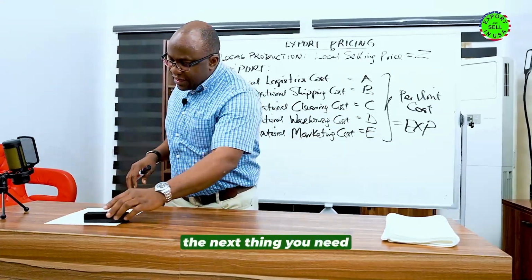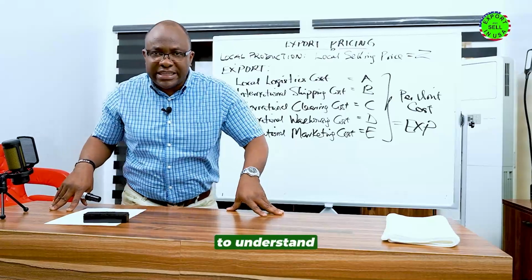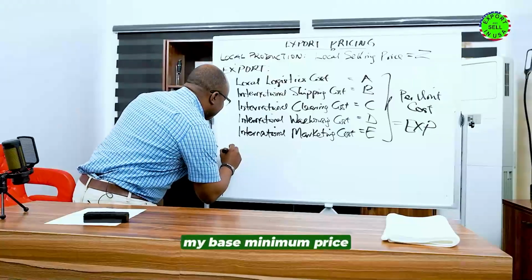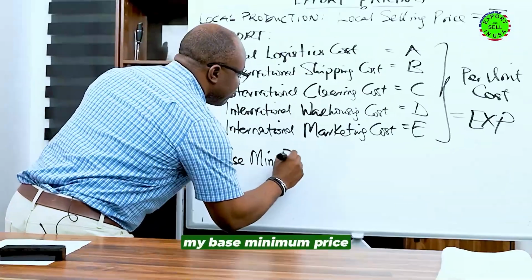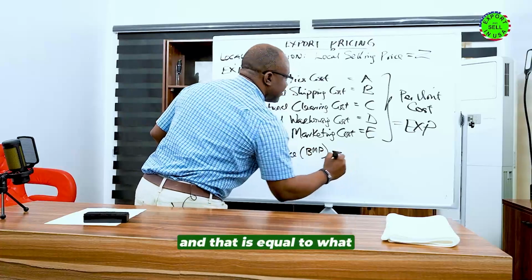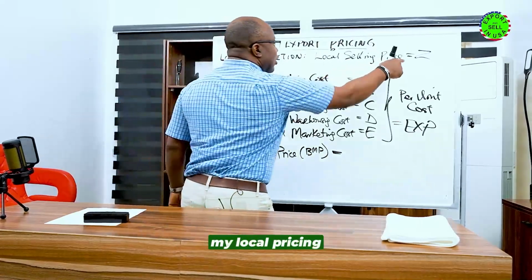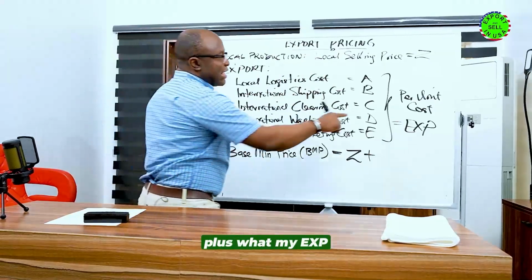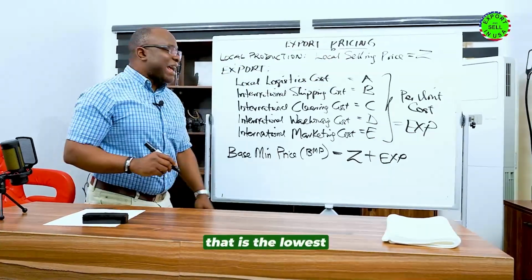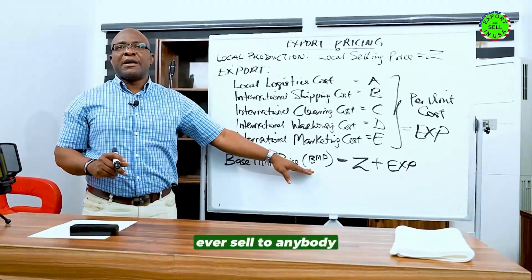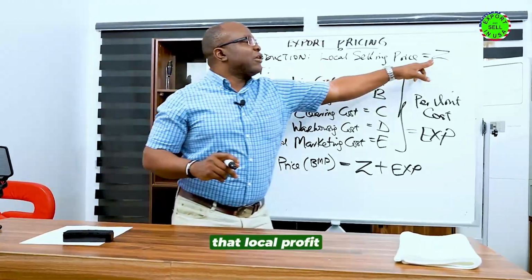The next thing you need to understand is what I call my base minimum price, my BMP. And that is equal to what? My local pricing plus my EXP. That is the lowest price you will ever sell to anybody if you want to maintain that local profit.